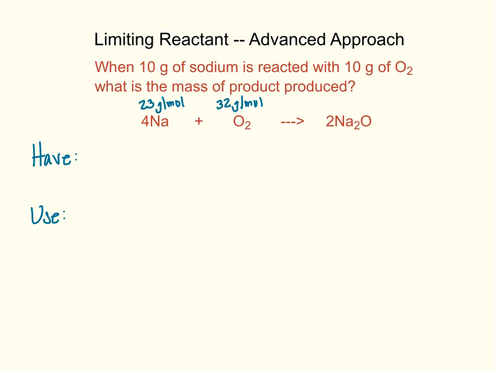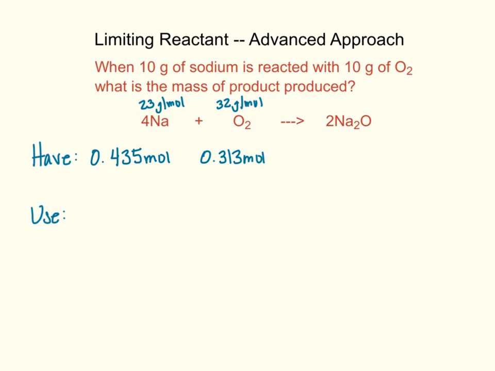So I take my 10 grams of each and divide by the molar mass of each reactant. 10 divided by 23, and I get 0.435 moles. And for oxygen, I get 0.313 moles when I divide 10 by 32.